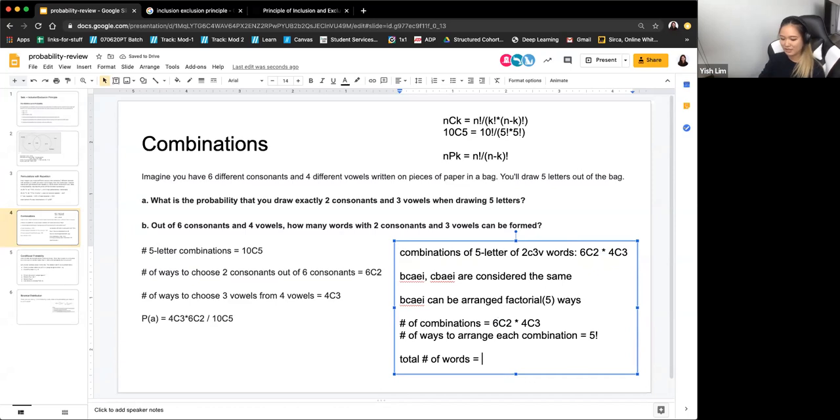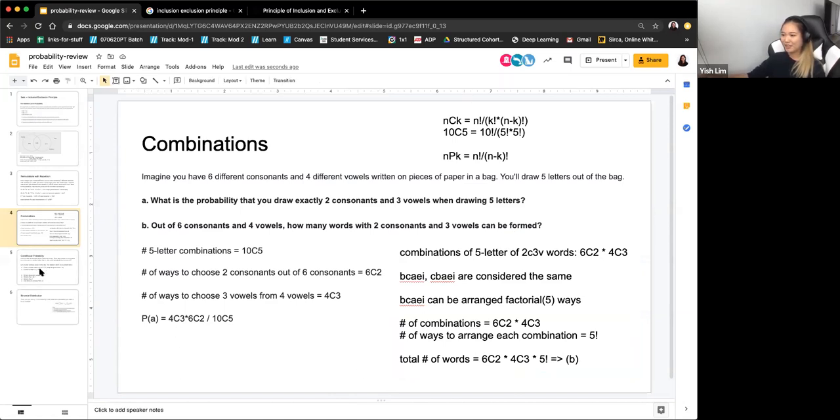It would be 6 choose 2 times 4 choose 3 multiplied by 5 factorial. Cool, so that would be your answer to part B. Any questions on this? Nice.